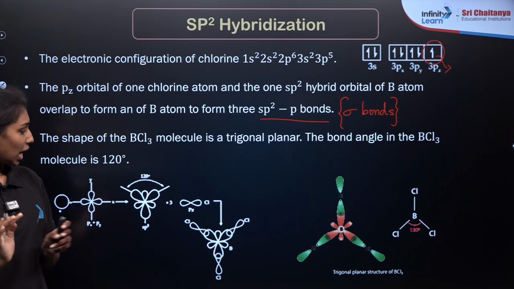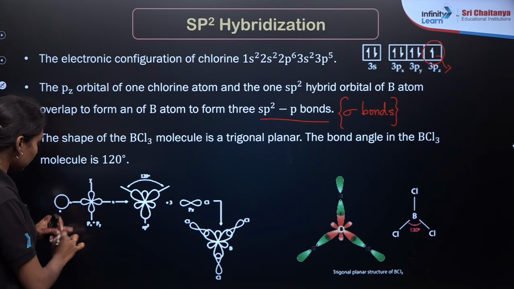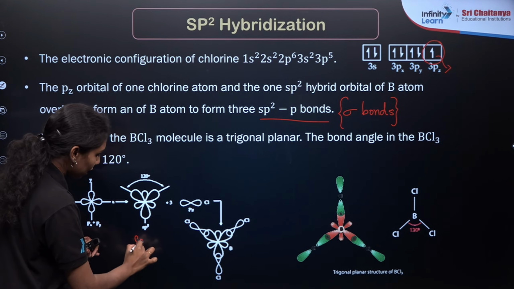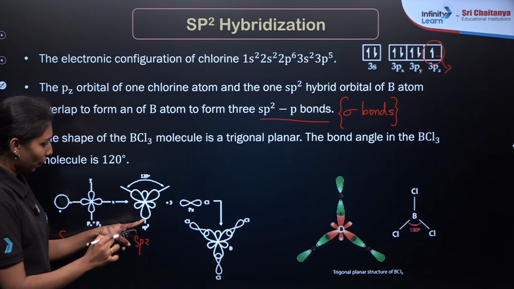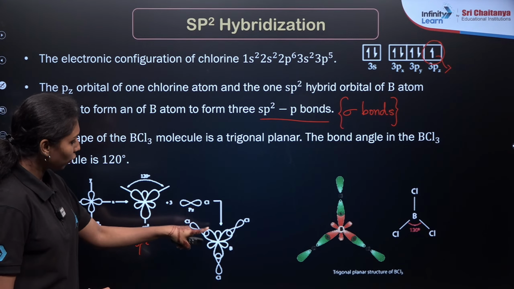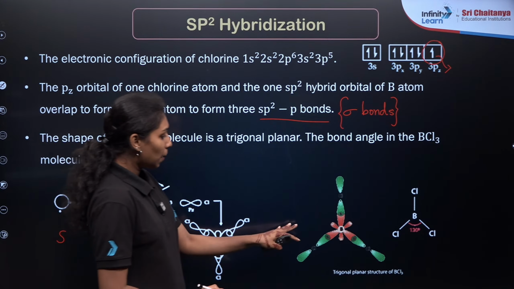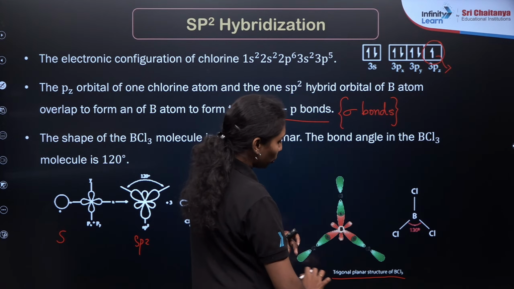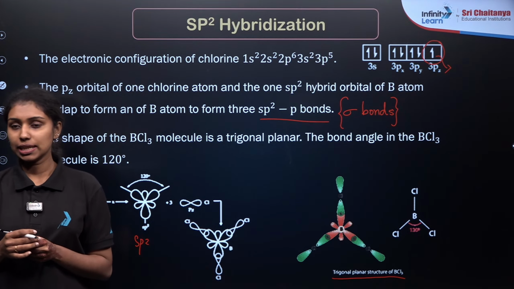Clear? Finally, the shape of this molecule will be, this is our s orbital. This will undergo px and py, so they form the sp2 hybridized orbitals. These are the 3 sp2 hybridized orbitals. Then the pz orbital of the chlorine undergoes overlapping to form the particular shape known as trigonal planar, with a bond angle of 120 degree. Is that clear?